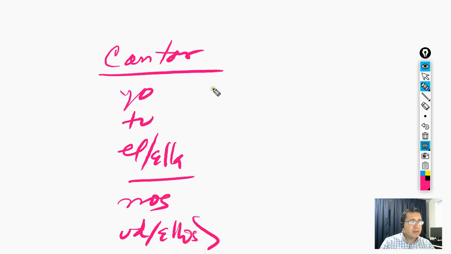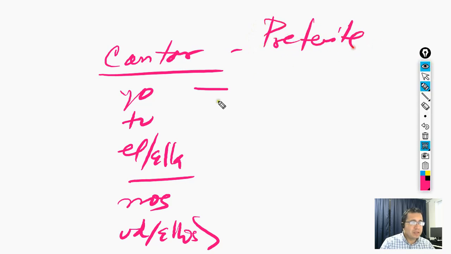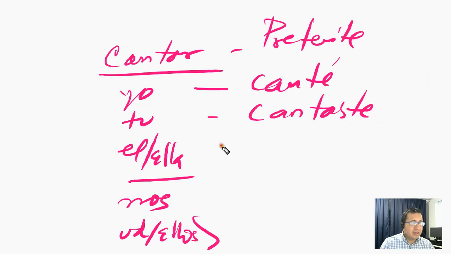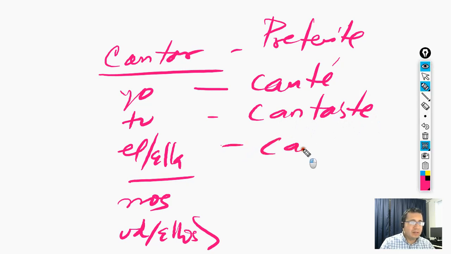So in past tense, in preterite, yo canté, tú cantaste, ella o él cantó. Notice that in the past, especially in the first person and third person, it comes with an accent.